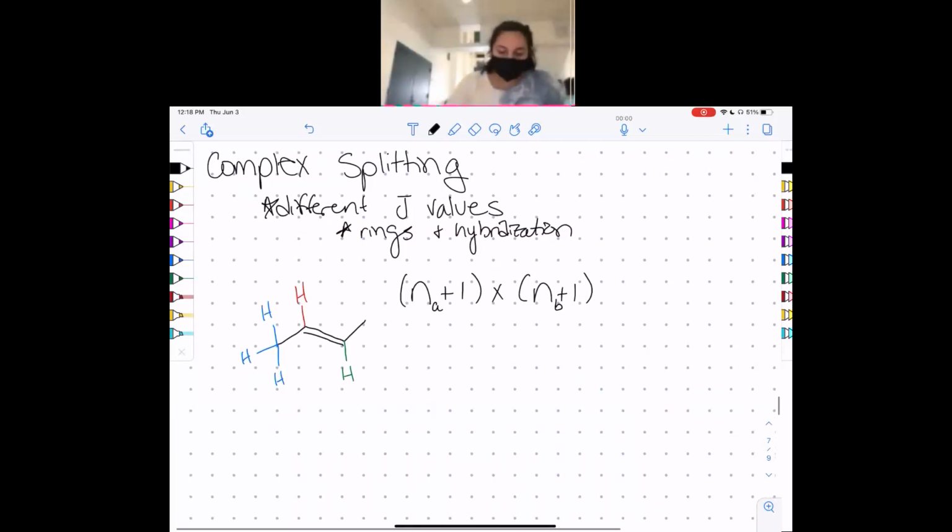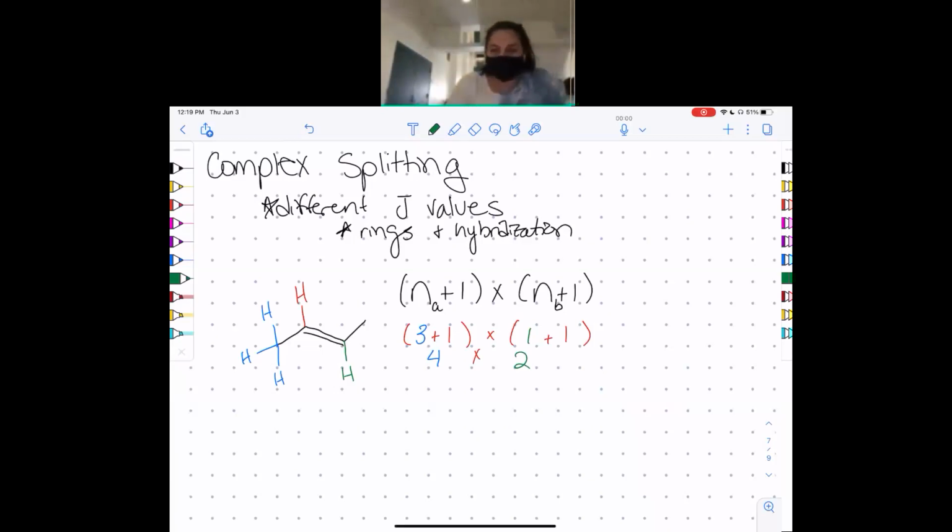So anywho, if we're using the red hydrogen again as our kind of starting place, on the left side, we have how many blue neighbors? 3. And then we have 1 green neighbor on the other side. So we end up with 4 times 2.